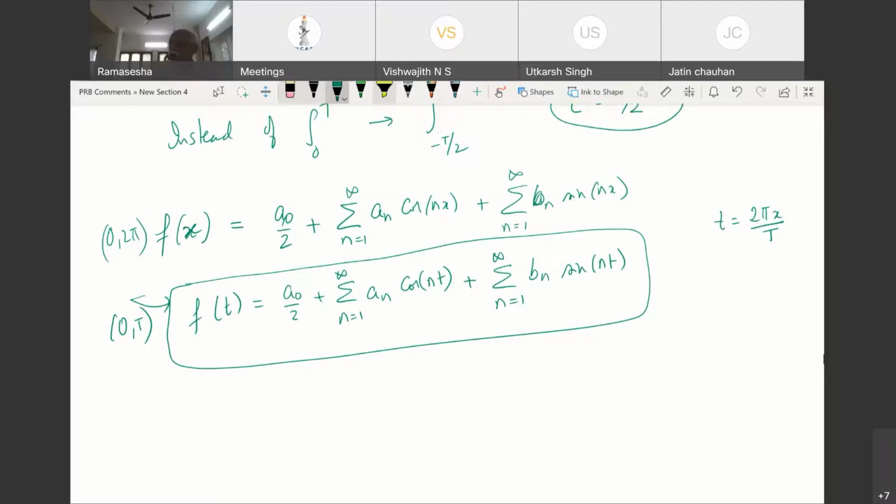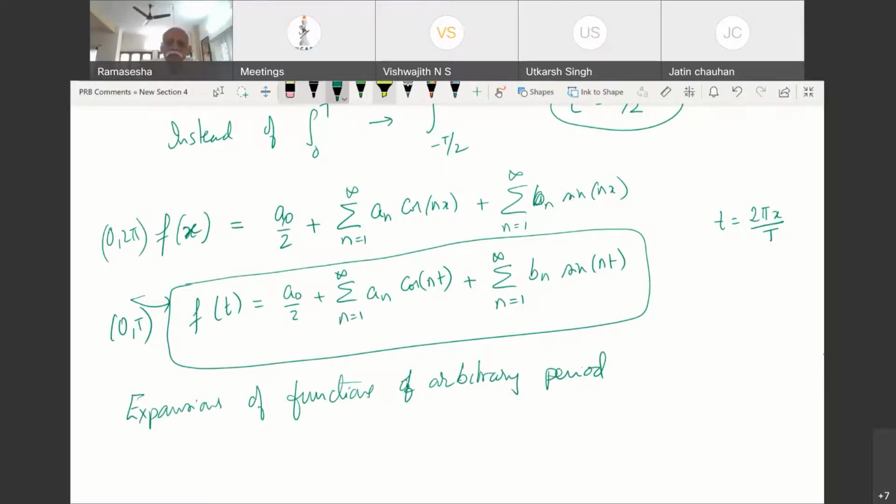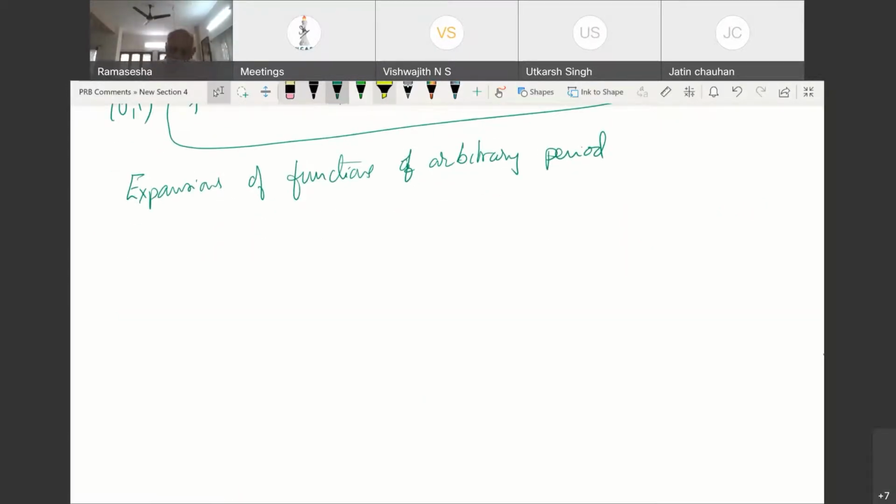So now when you have these expansions of some arbitrary function, then, for example, let us say that f of x is equal to 1 for x belonging to the interval 0 to pi.